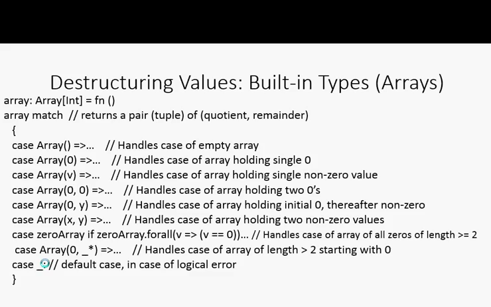For an array, so if we had a class array, I'll just write it here, class array, we might have something like this, where unapply takes in an array, and I'm going to write this informally, an array of T, and it is going to return an option of some tuple, like a 2 tuple.